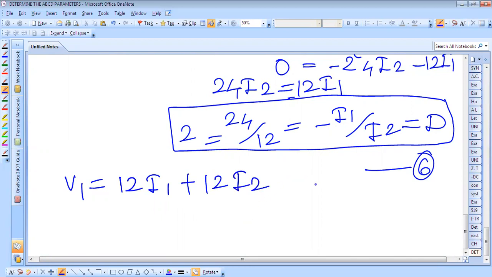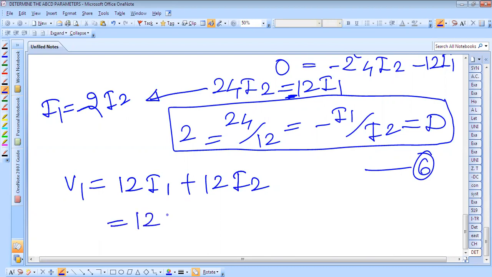And here we have to substitute the value of I1. From this we can substitute I1, which is equal to minus 2 I2.